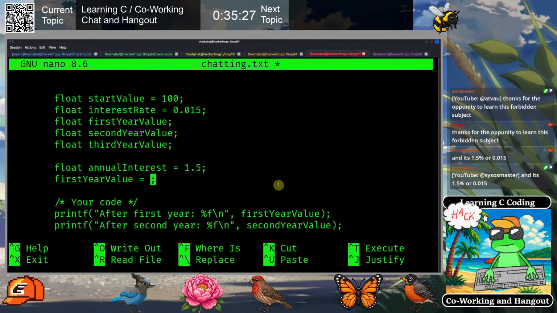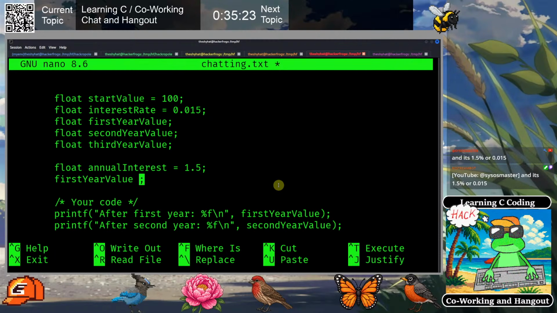So first year value equals, well, you multiply it, right? So it's times equals annual interest. So this should result in what we're looking for there.